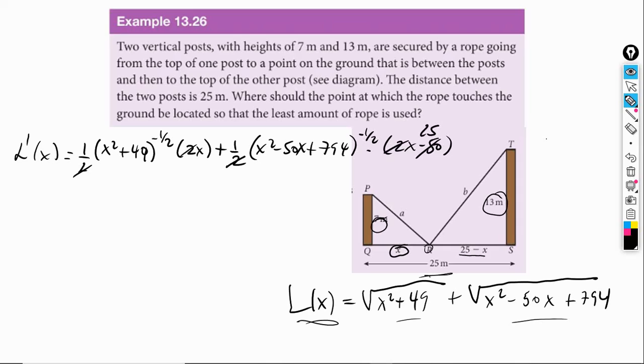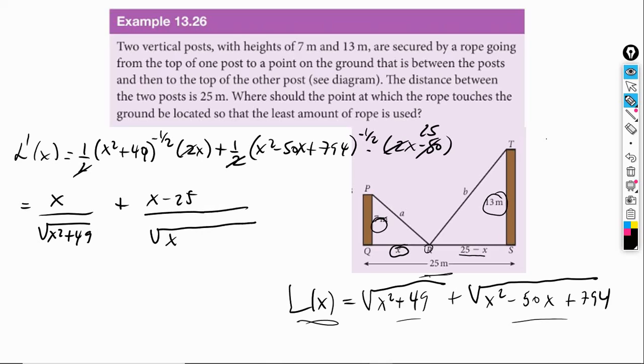So if we rewrite this, we can write this as x over the square root of x squared plus 49 plus x minus 25 over the square root of x squared minus 50x plus 794. Okay, so now we have to set this equal to 0 and then solve for x.